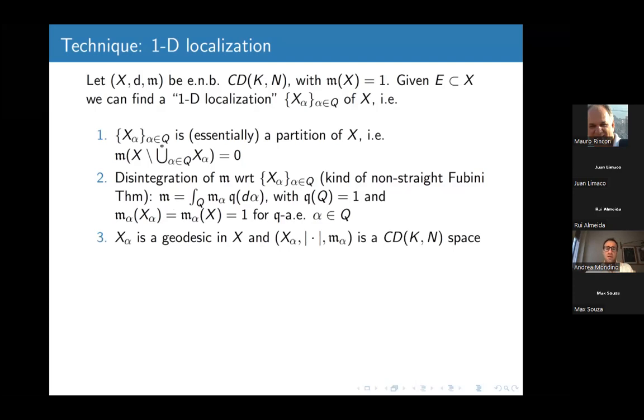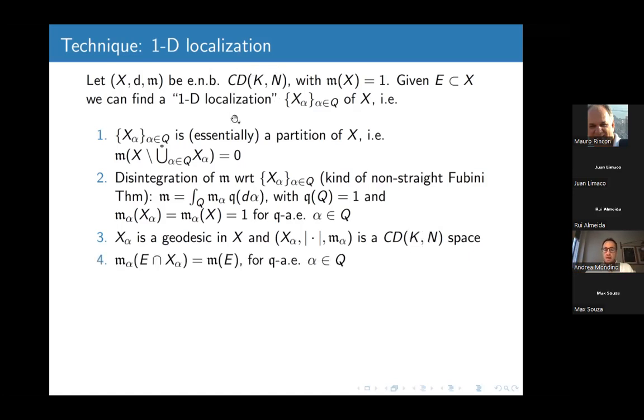The third property is that each X_alpha is a geodesic in the space X. And the key thing: if we consider X_alpha with the measure m_alpha, it has, in the sense of Bakry-Émery Ricci curvature, a weighted segment, a segment with a weighted measure. I want that to have the same lower bound on the Ricci curvature as the ambient space.